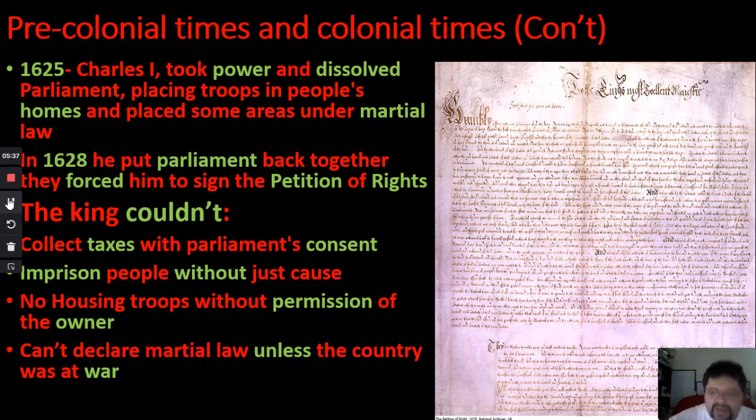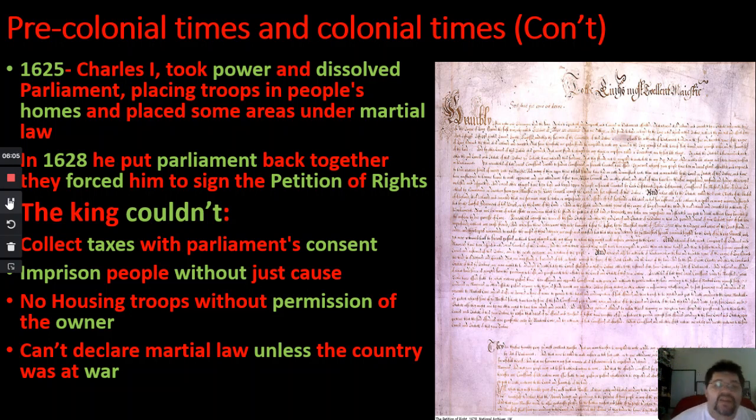We're not coming together unless you sign this paper, the Petition of Right, saying that you can't do certain things. Otherwise, good luck controlling all this chaos that you created. So Charles the First is like, oh, okay, fine, what do I need to sign? And he signed it. And that's the paper you see in the picture.